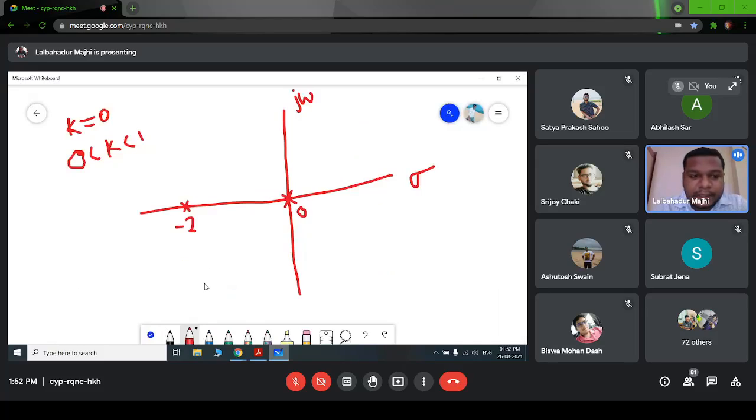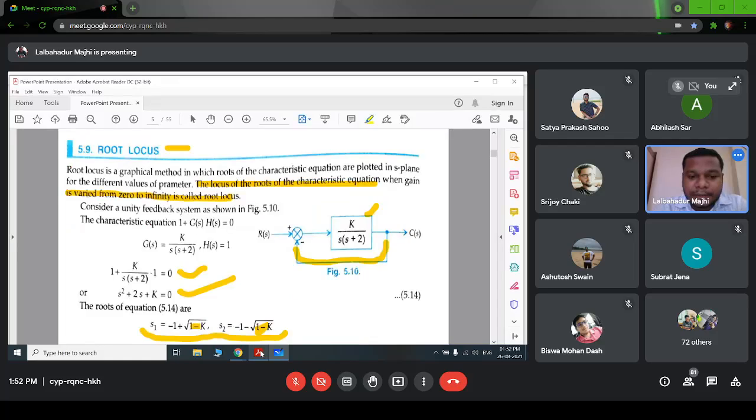For this equation, let's consider we have taken the value of k such that the root of 1 minus k is 0.5. So S1 will become minus 0.5, and this will be minus 1.5.